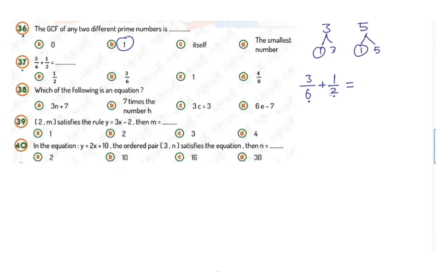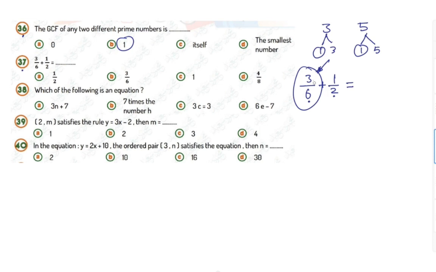So you need to make 6 as 2 or 2 as 6. But if you look closely at the first fraction, you can see that 3 and 6 can be simplified to a simpler fraction.